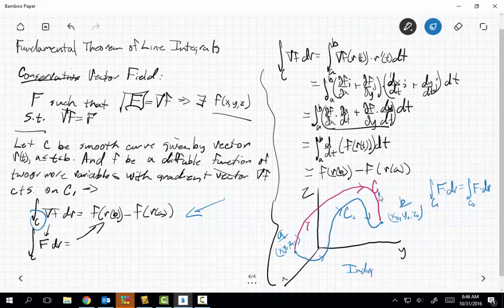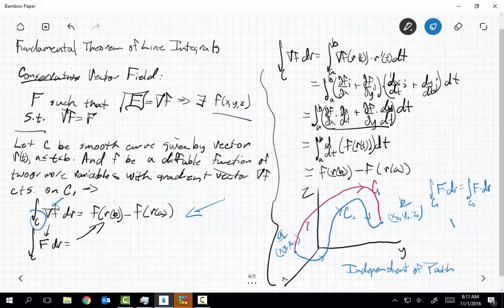Again, this is going to be a heavy vocab section: independence of path. So if we've got independence of path, now what does that imply about the line integral? More importantly, what does that imply about the vector field? Well, look, if I've got independence of path by virtue of the fundamental theorem of line integrals, this is a conservative vector field by definition.